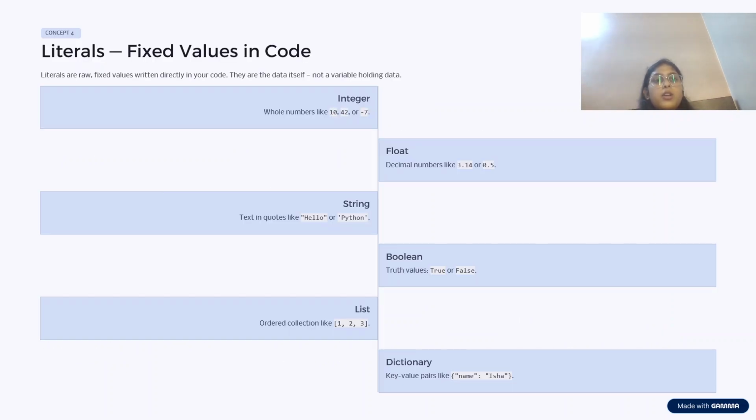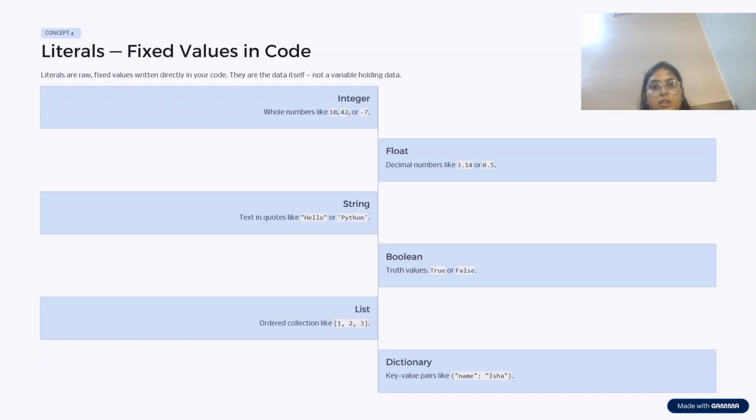Now we are moving to literals. It may sound new, but the concept is actually very simple: literals are fixed values. Whatever actual values you write in the code, it is the data itself. Whenever you write a piece of text, or true, false, whatever you write, those are literals.